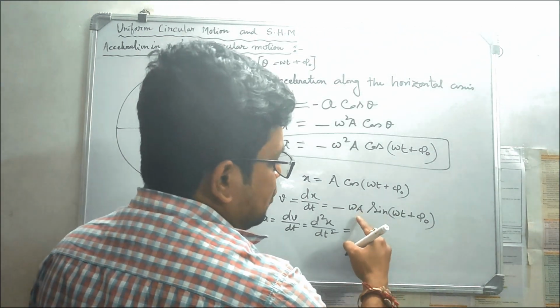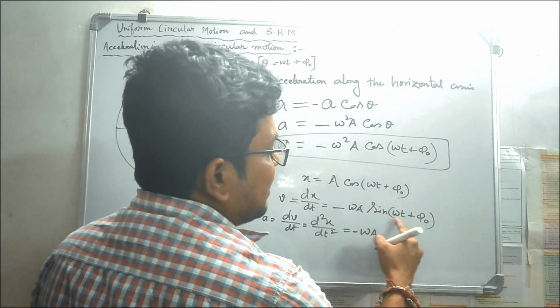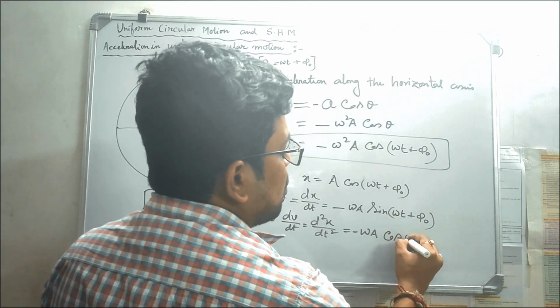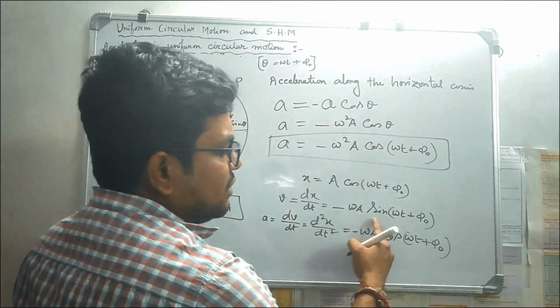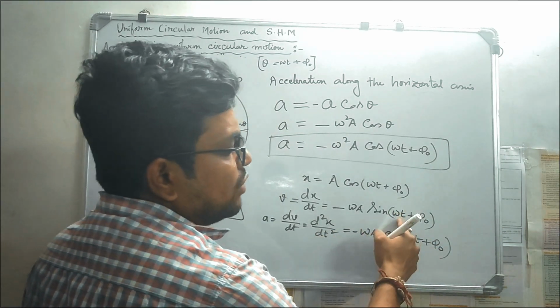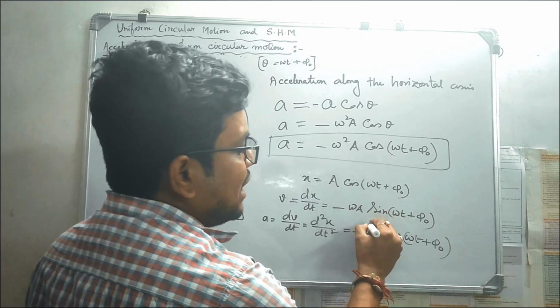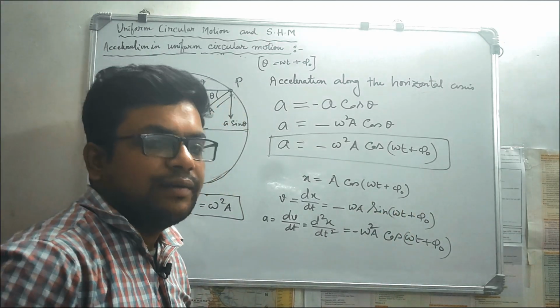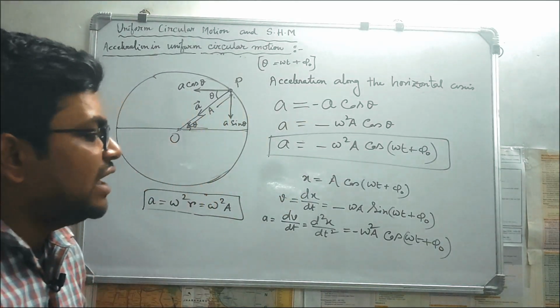Now omega A is a constant, minus is constant, and the derivative of sin will be cos, so cos of omega t plus phi naught. As we are differentiating again with respect to time, omega comes out again, so it is minus omega square A cos, and A cos of omega t plus phi naught is nothing but x.